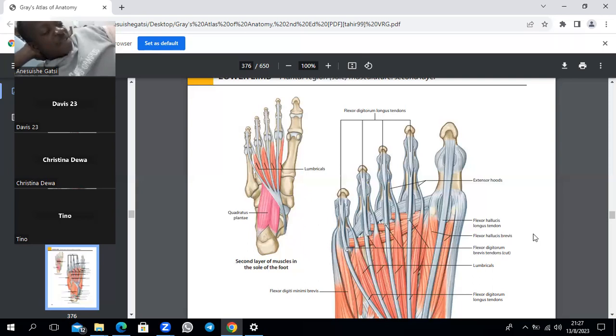The nerve that innervates the greater part of the skin, which is the medial plantar nerve, innervates the fewest muscles. It innervates just 4. The nerve that innervates the smallest part of the skin, which is the lateral plantar nerve, will innervate the other 14 muscles.